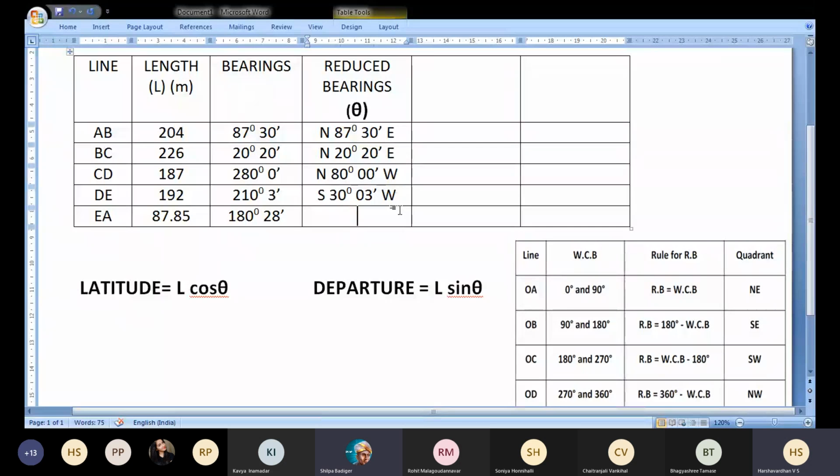So it's south 0 degrees 28 minutes west.